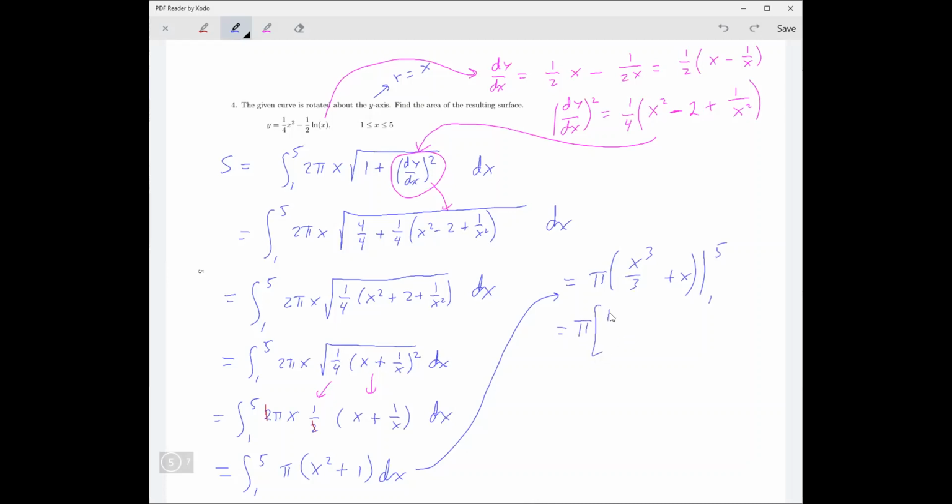So I get 5 cubed over 3 plus 5 minus, that's plugging 5's in here and here, and then plugging 1's in here, I get 1/3 plus 1.